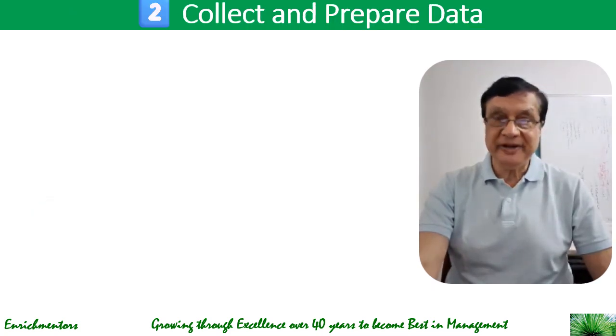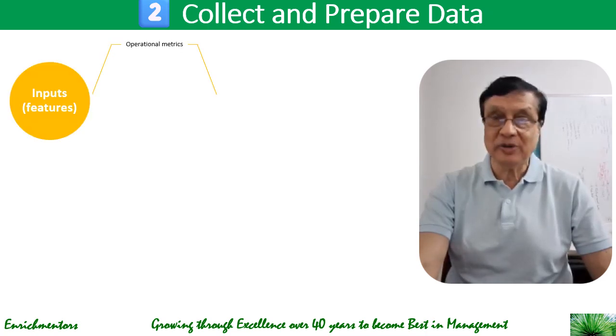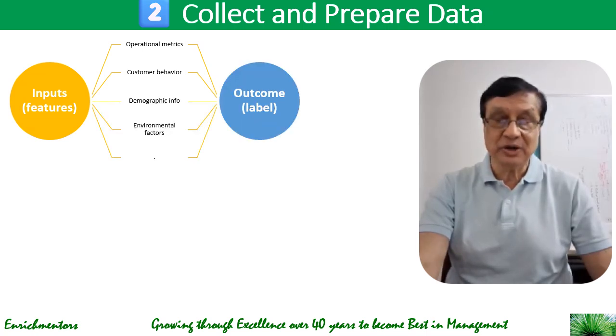Then you collect and prepare data. You figure out input variables, features like operational metrics, customer behavior, demographic info, environmental factors, etc., and outcome labels, like historical data indicating whether the bad outcome occurred. So that's the input and output data collection and preparation.